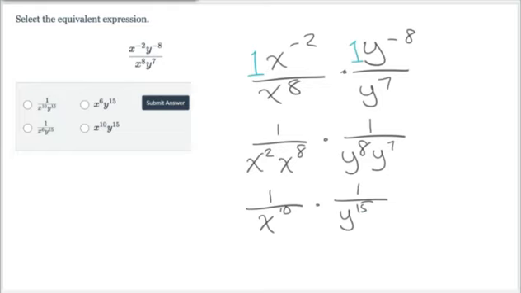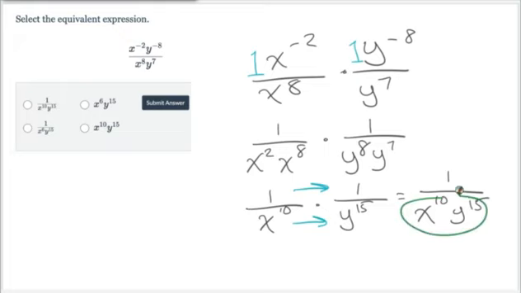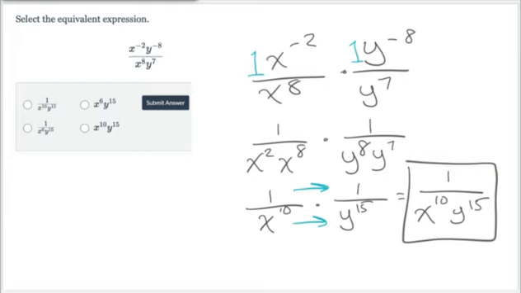And then when we multiply fractions, we just multiply straight across, numerator times numerator, denominator times denominator. So this will be x to the 10th, y to the 15th. And just keep in mind that because these are an x term and a y term, they're not like terms, so we can't combine them. So that will be our final answer. And that looks like that is this answer option right here.